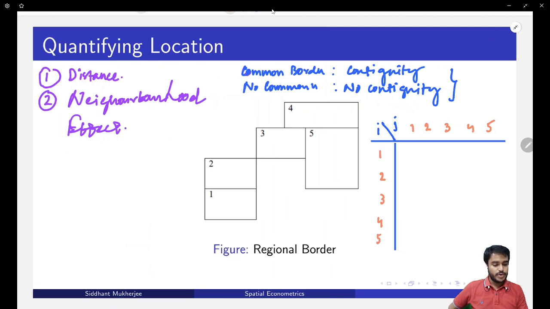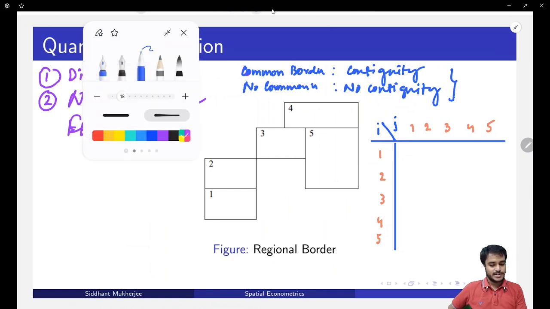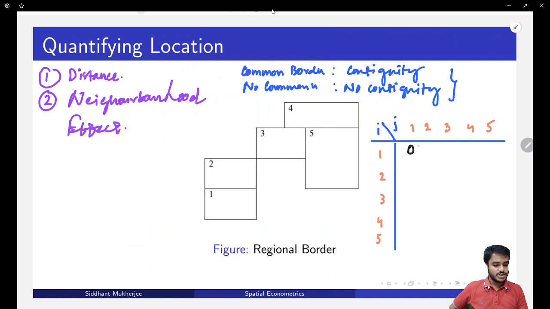So 1 and 1 obviously have no border, so this is considered 0. 1 and 2 have a relation, so we consider this 1. 1 and 3 have no relation, so 0, and 4, 0, and 5, 0. 2 and 1 share a border, or contiguity, so we give it 1.